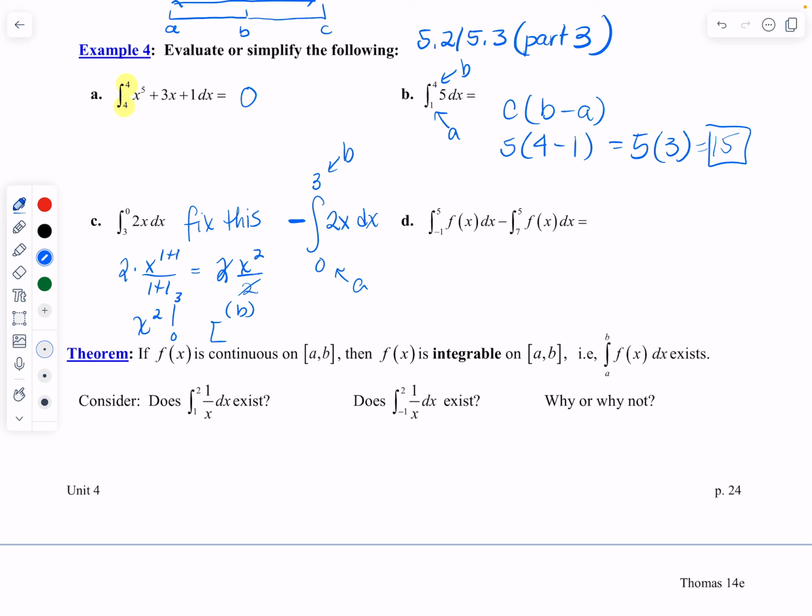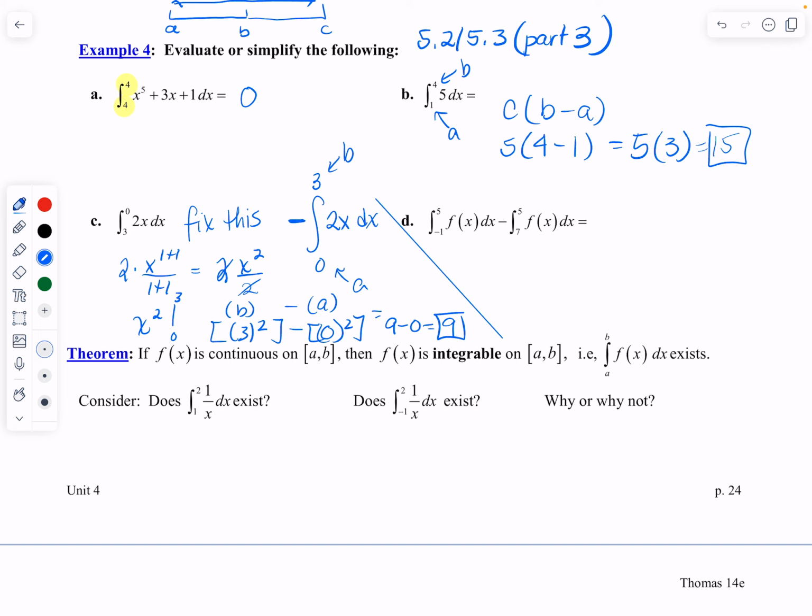So I take 3 squared, because the integral is x squared, and then I subtract a, which is 0 squared. When I do that, I get 3 squared, which is 9, minus 0, which is just 9. Again, the next section will address this.